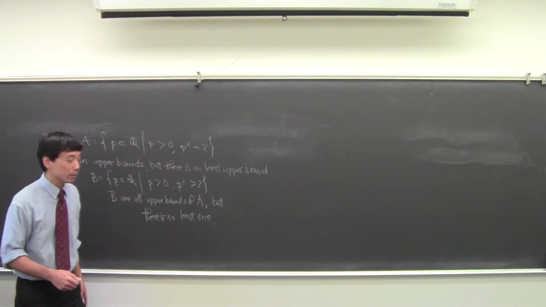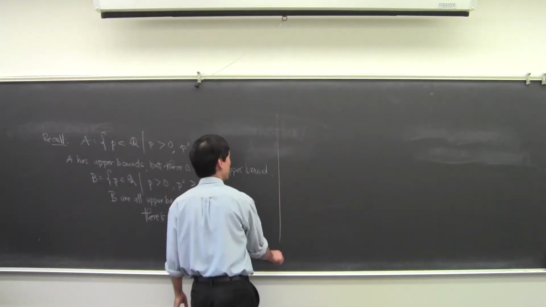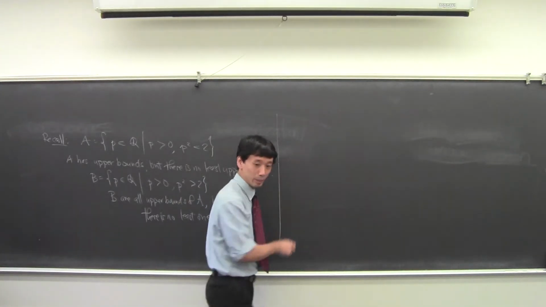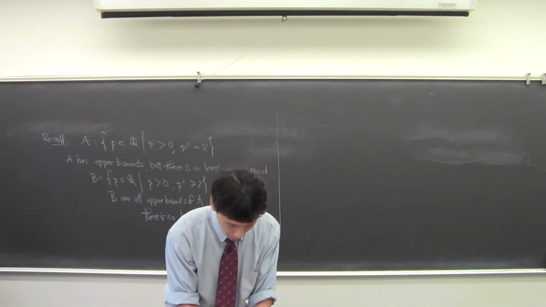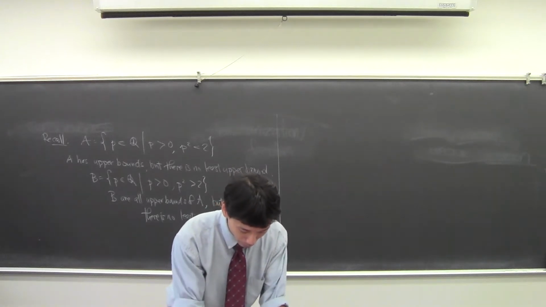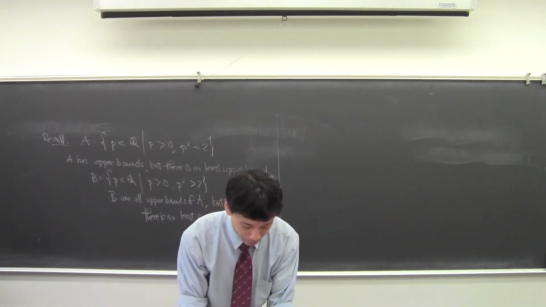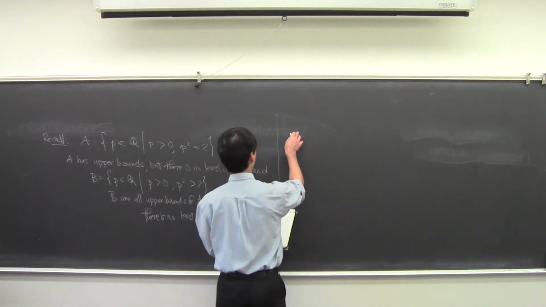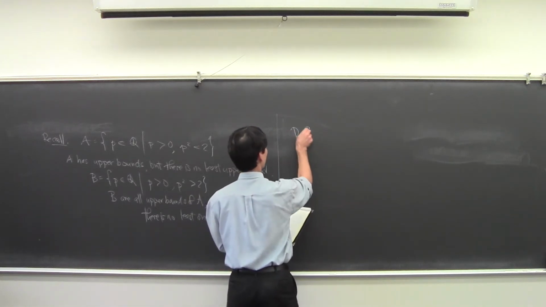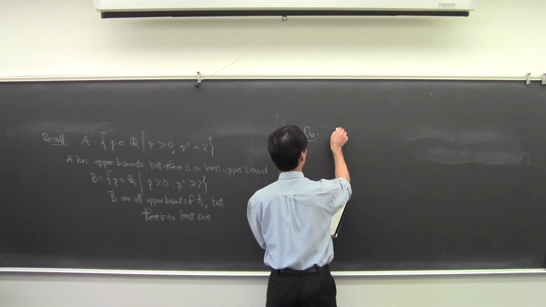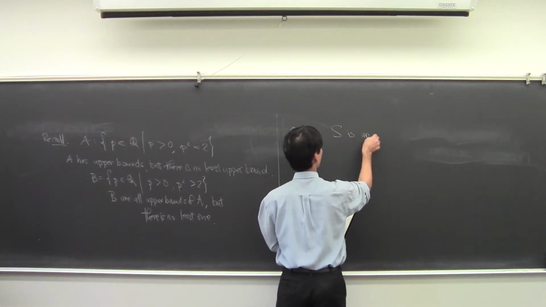We sort of rushed it at the end, but there's this thing called the least upper bound property, and let me write it down properly. Definition. Say S is an ordered set.